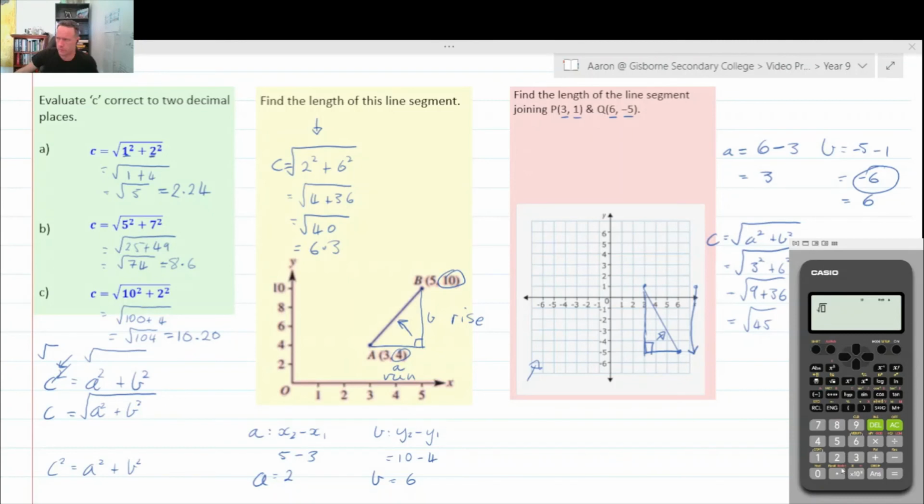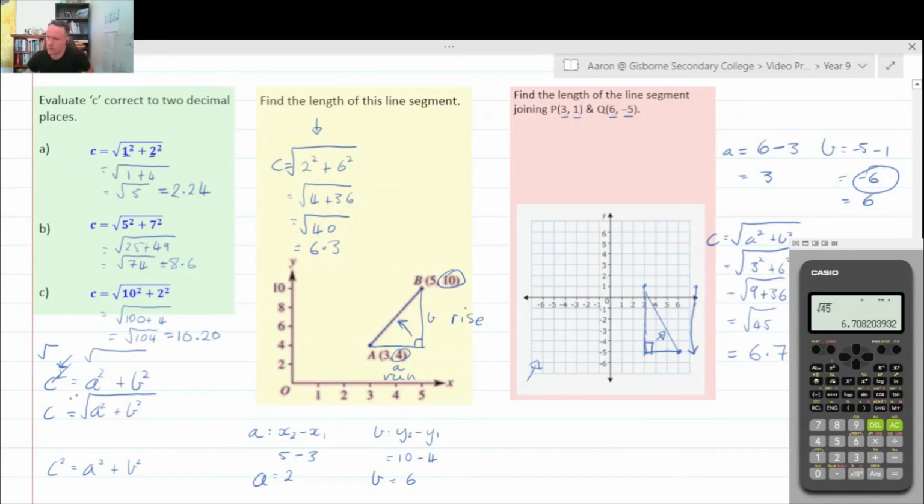Where's my square root? There it is, square root of 45 is equal to 6.71, to two decimal places. Okay, so again, the key is the equation.